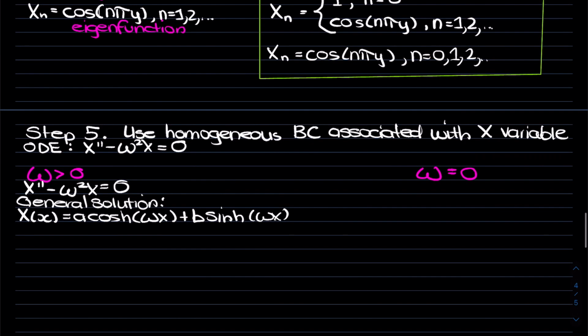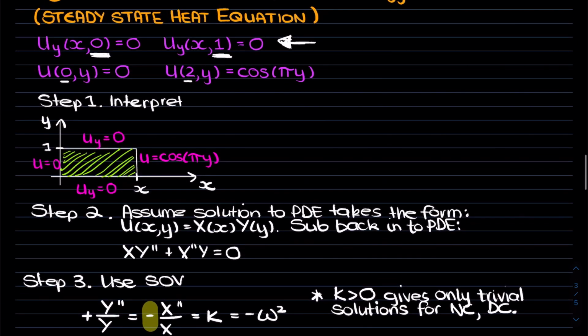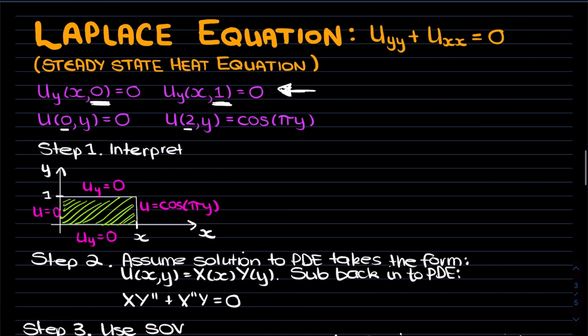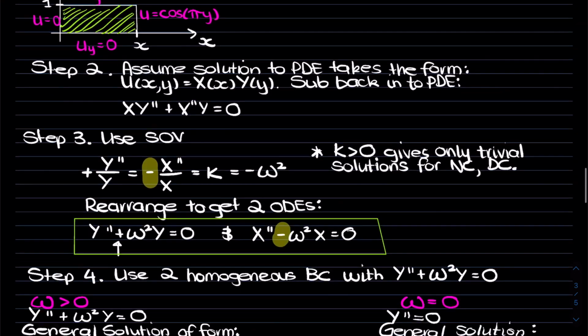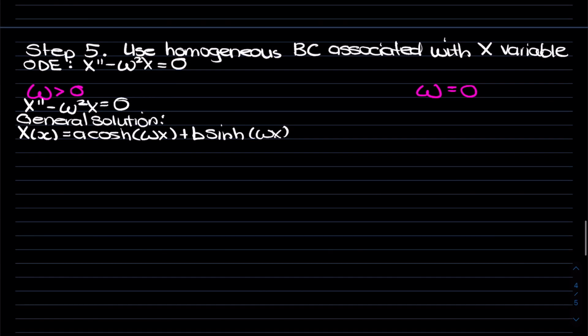And now what's the condition that we want to work with here? So we want our homogeneous boundary condition associated with our x value, so that is this one here. So it's not a derivative, we just need to plug in x equals 0. So if we say now x equals 0, we just end up with a hyperbolic cosine lambda x, and this has to be equal to 0, and this just implies that a equals 0.